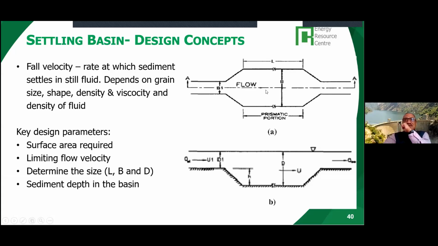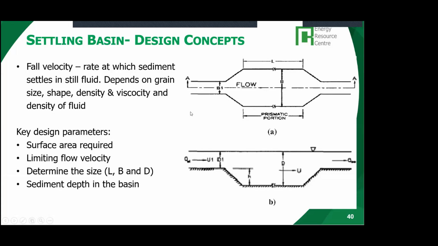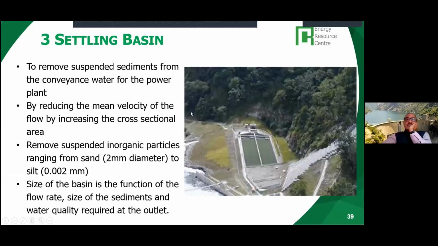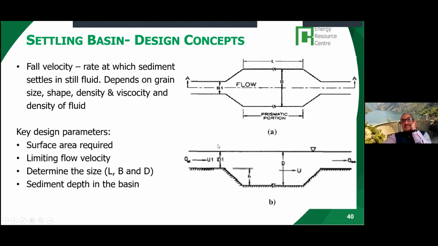And when the normal velocity decreases, the larger sediments, from 0.002 millimeter to 2 millimeter size, basically fall on the bed of this settling basin. Okay, so we now have to decide what is the fall velocity, how long it will take for a sediment that enters here, let's say size 2 millimeter, to slowly fall below.